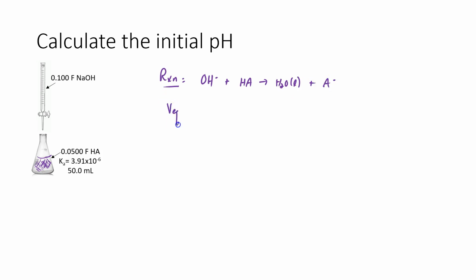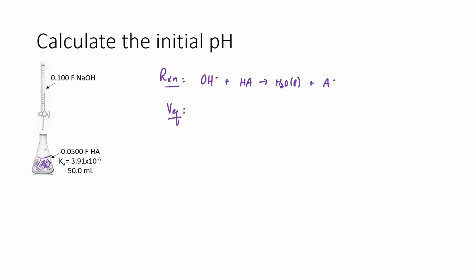I also like to calculate the equivalence volume, or V_eq, just so I know where I am during the titration. The equivalence volume is the volume of sodium hydroxide needed to react with all of this HA here in this Erlenmeyer. Because these numbers are so nice and neat, you probably don't have to do any calculations.